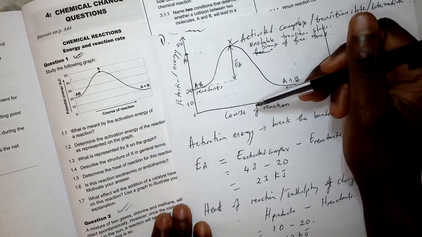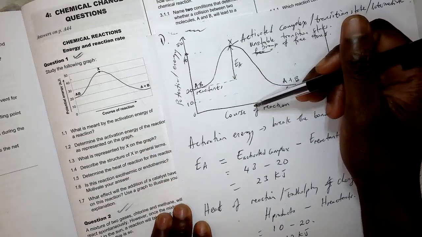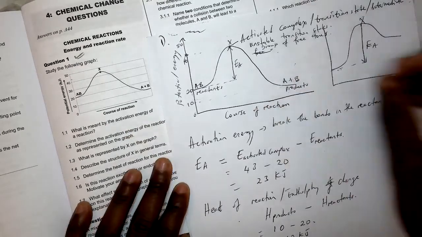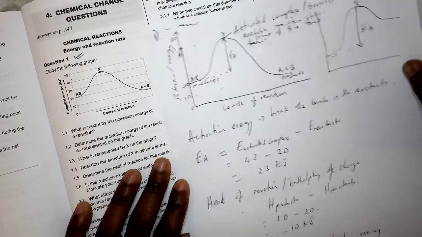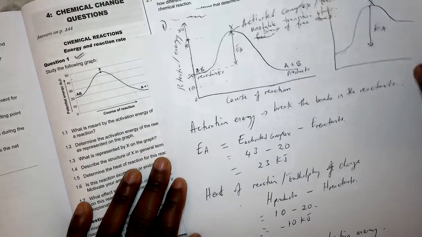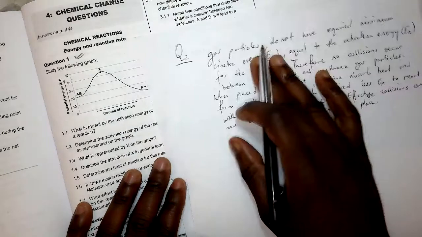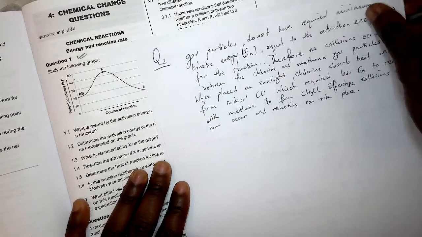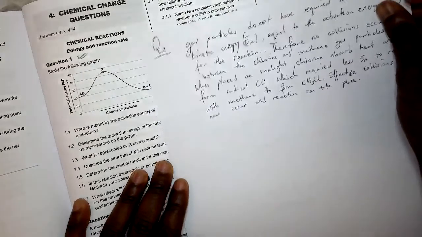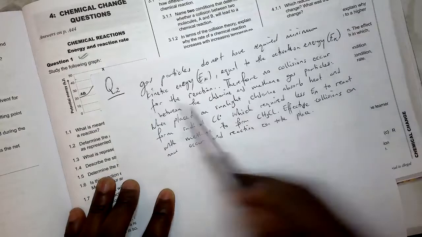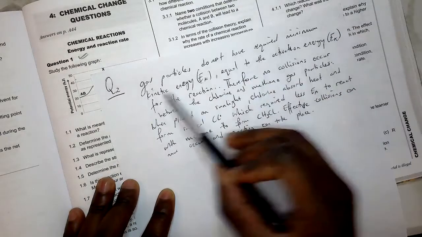In this case, this shows that this one is an endothermic reaction, because the molecules on their own don't have enough energy. So they need energy for them to react. And according to collision theory, your molecules can only react when they collide with enough kinetic energy. Here, gas particles do not have the required minimum kinetic energy.